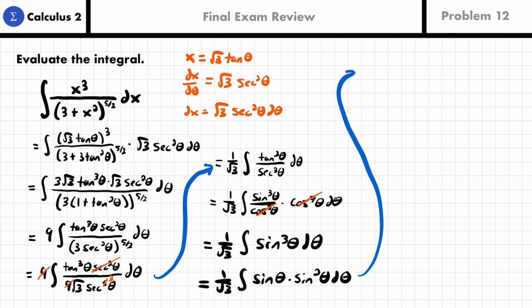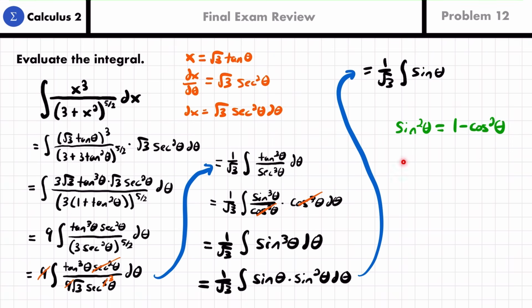Okay, so continuing my work up here, what we now have is 1 divided by the square root of 3 times the integral of sine theta times sine squared theta, but remember that sine squared theta is equal to 1 minus cosine squared theta. That is using the Pythagorean identity for sine and cosine.